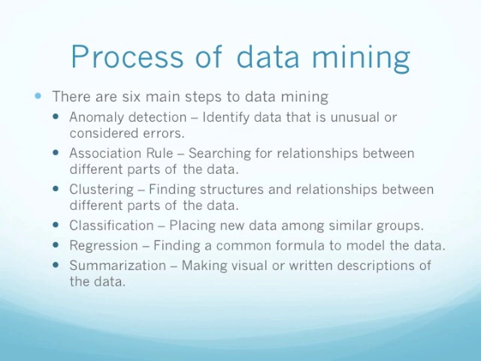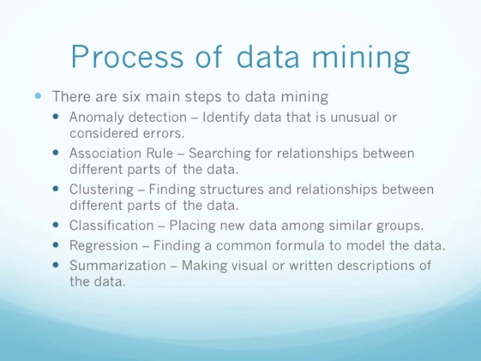Two pieces of information may not be directly related, but they are so consistent with each other that there is an association rule. Clustering, finding structures and relationships between different parts of the data. Why is this data frequently found with this other part of data, and what is the relationship between the two?